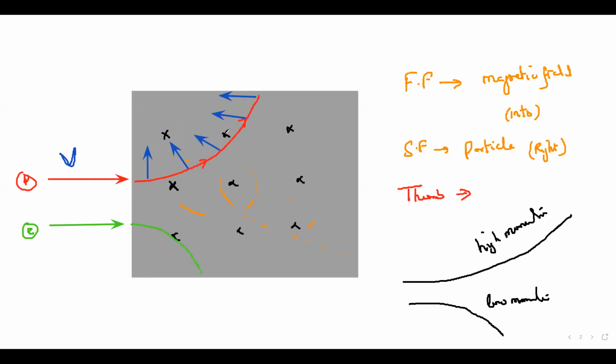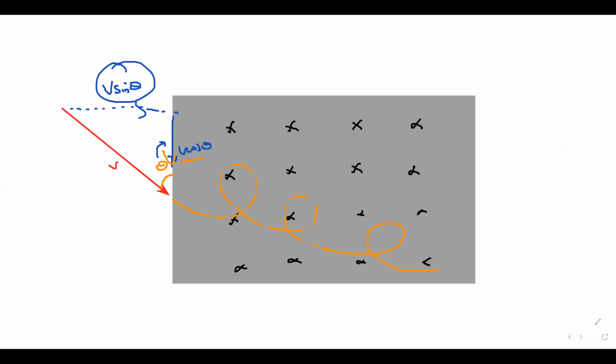But if it enters exactly perpendicular, no component is there, so it will just move in a circular path. Is the difference between the two tracks for a particle in a magnetic field clear? Any doubts or questions?